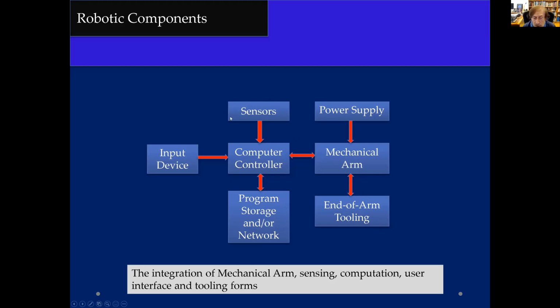And after all these, like us, like any living creature, robots also need energy to carry out some tasks. So we will need, of course, we should not forget the power supply.